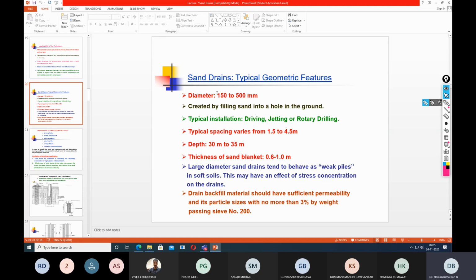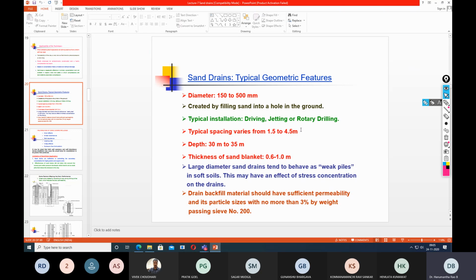For installation of the sand drain, we can go for any one of these techniques for making a hole. Either you can go for driving, jetting or rotary drilling, depending upon the soil type and availability of equipment at the site. The typical spacing of sand drain varies from 1.5 to 4.5 meter, but 4.5 is very odd.